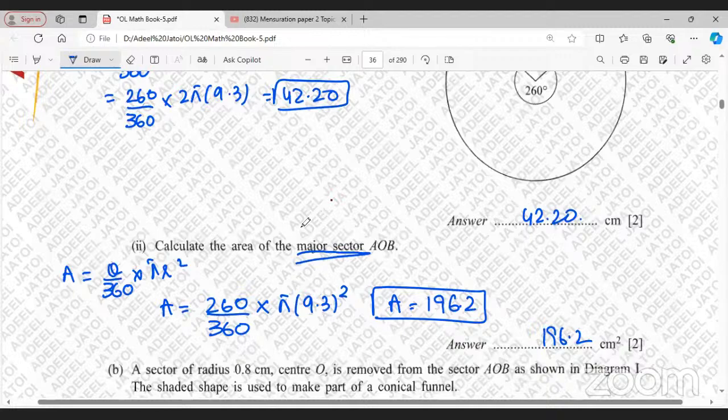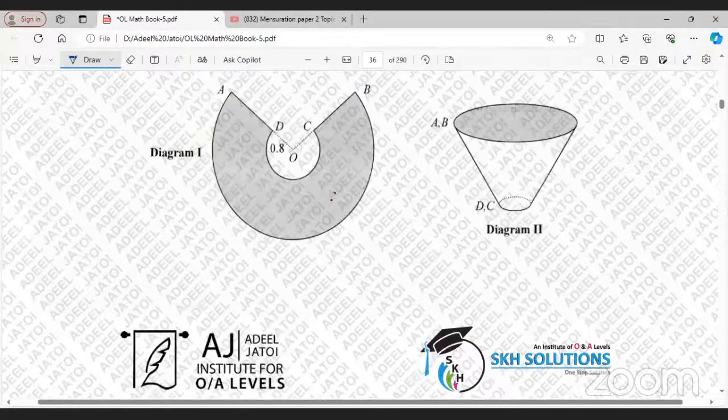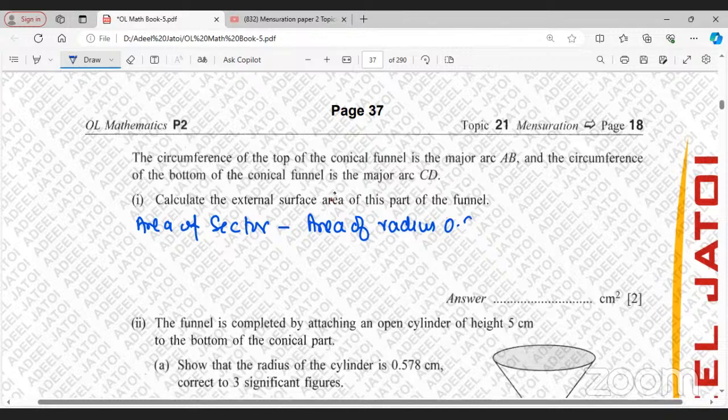So can we just remove the smaller part to get the area of the remaining part? So what we can have is the area of the major sector minus the area of the radius 0.8 sector.